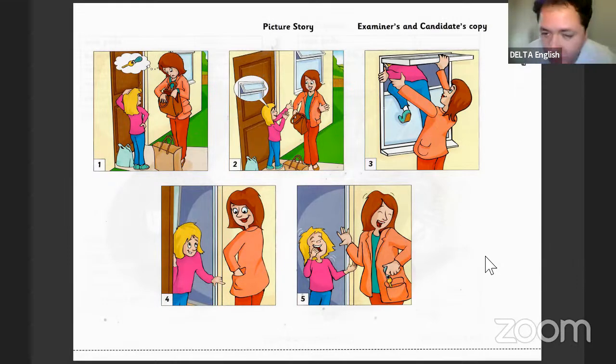Okay, you tell your story. You can start your story as you want. You can finish the story as you want. So here you only have the pictures. Now you need to make the story.